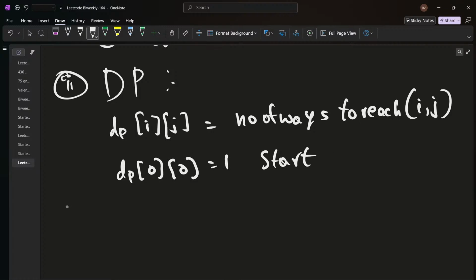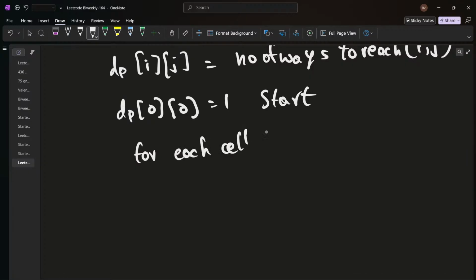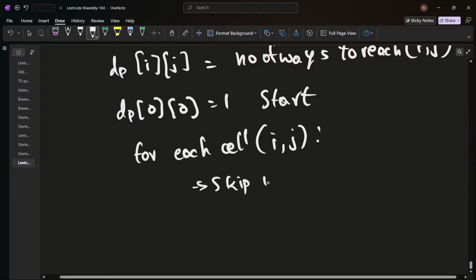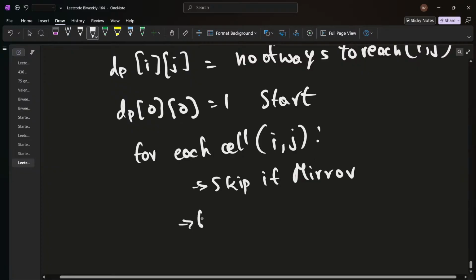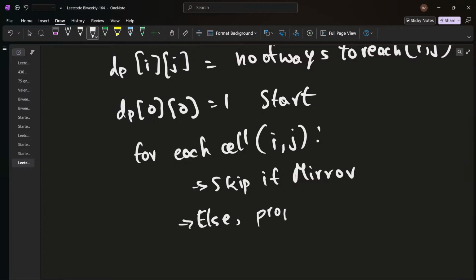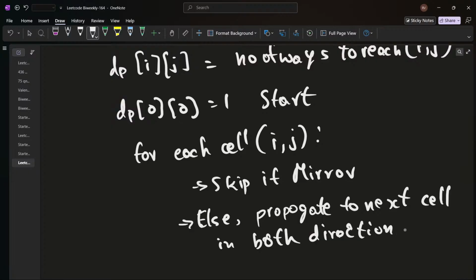Then I'll put a for statement for each cell (i, j). I'll skip if it is a mirror, else I'll propagate to the next reflected cell, in both directions.